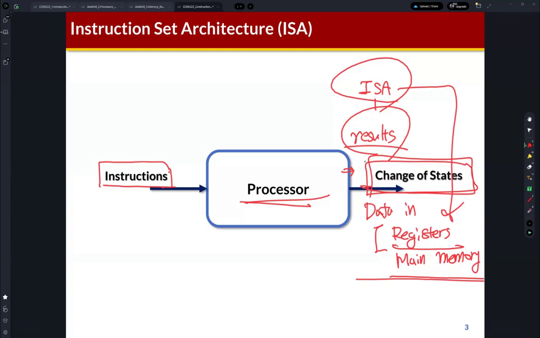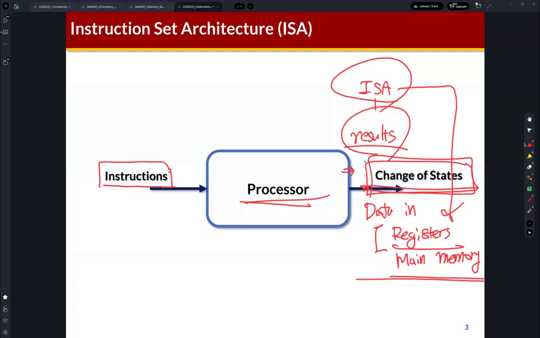So change of state means that the data in registers are changed, or data in main memory are changed. Okay, so you can understand it like this.